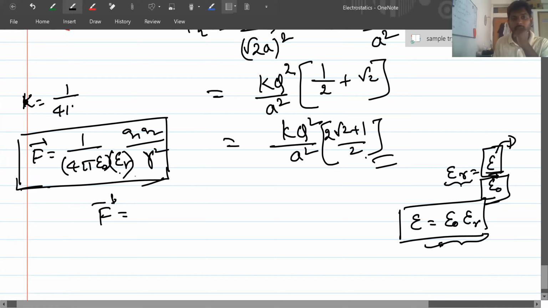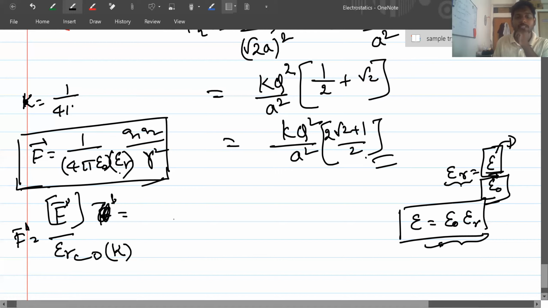Suppose I want to calculate this force, equal to 1 by 4 pi epsilon naught epsilon r q1 q2 by r square. It can be written as the force when there is no medium, only free space, divided by epsilon r also, right? Because 1 by 4 pi epsilon naught q1 q2 by r square is that force in free space. Now carefully see, this epsilon r can also be written as the dielectric constant K. That is F by K also we can write.